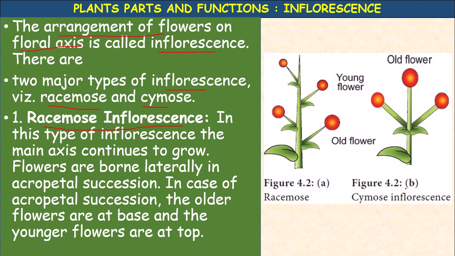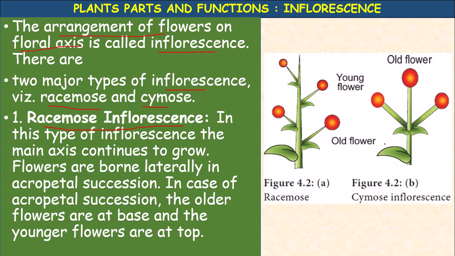Whereas in cymose type of inflorescence, the old flowers are at the top, young flowers are at the base. That is the difference between the racemose and cymose inflorescence. Some special inflorescences are also present. For example, in Euphorbia, Cyathium, you will study in higher classes.